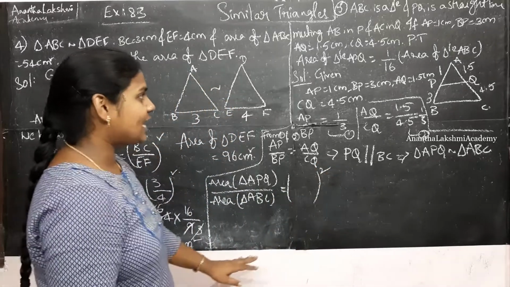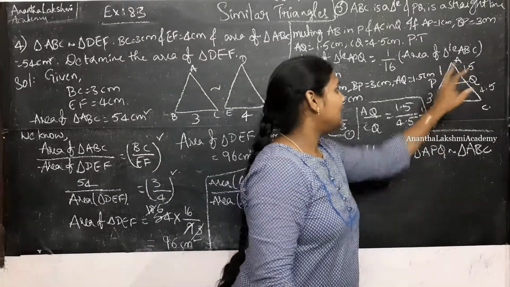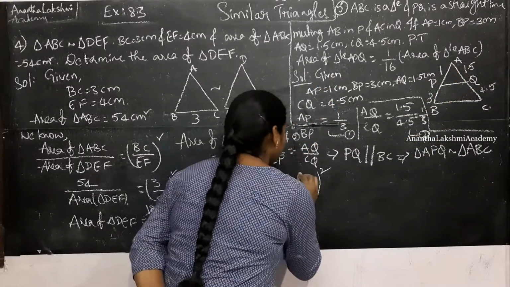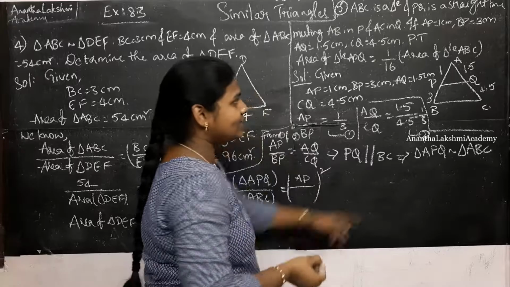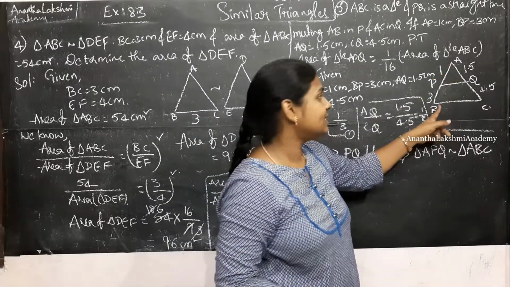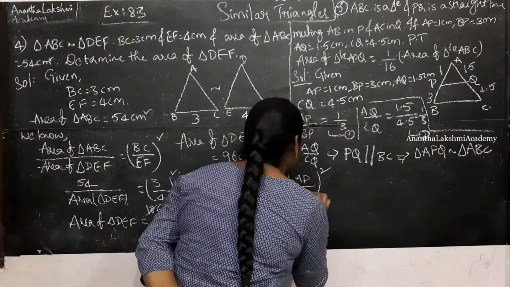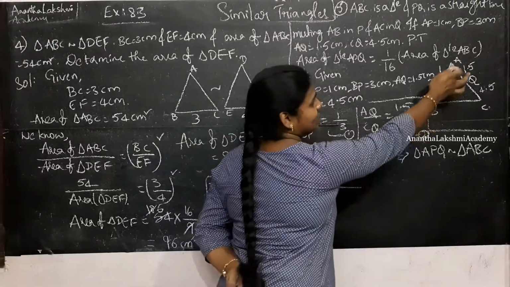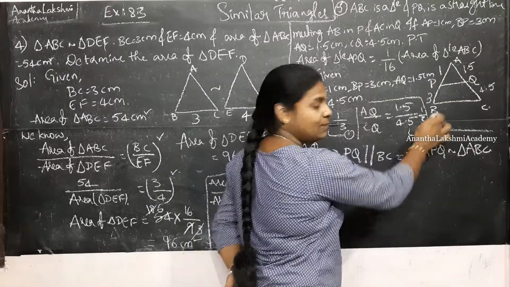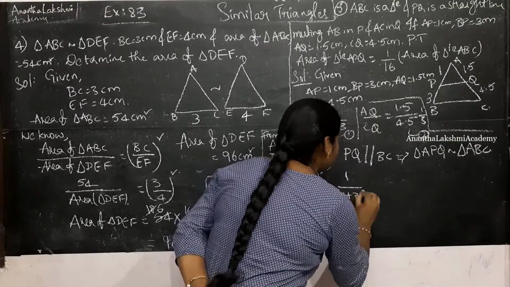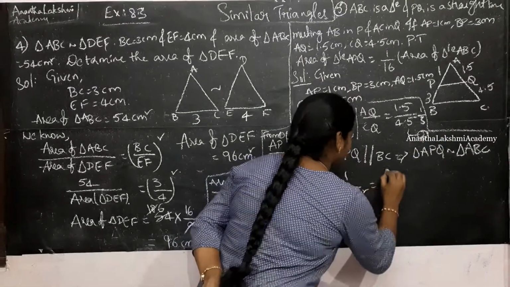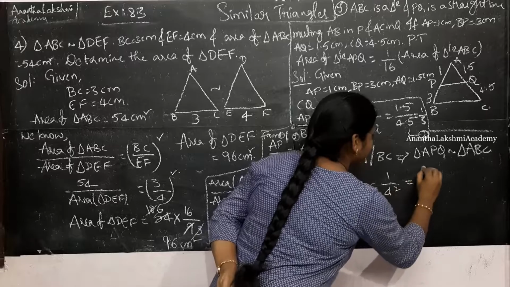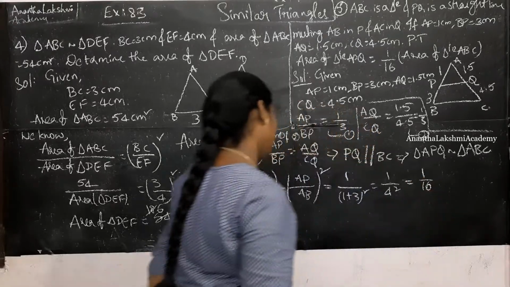Now, what is the side that we need to consider? Let us consider AP. If AP is considered, what is the corresponding side in triangle ABC? AB. Okay. So, this is nothing but 1 by AB, where AB is AP plus PB, which is 1 plus 3, whole square. That is 1 by 4 square, which is nothing but 1 by 16.